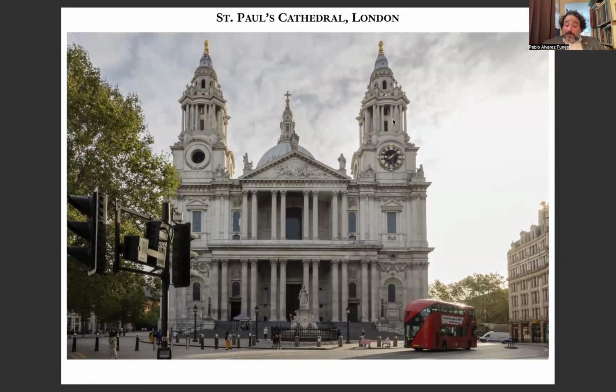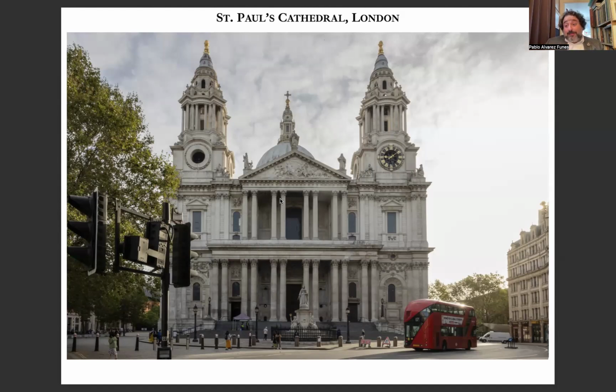And the architect who rebuilt it was Christopher Wren, who had been in Paris in his youth, so he probably saw that colonnade of the Louvre or knew about it, and then implemented the same idea in the facade of a church. So we went from a palace to a church, and we can very clearly see here how the columns are paired to ensure a big span.